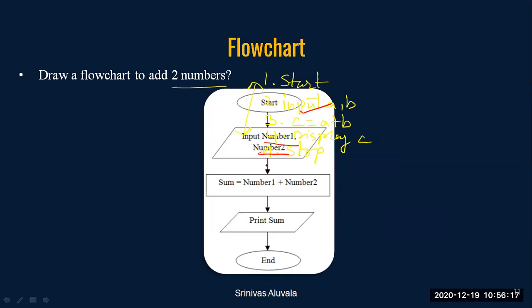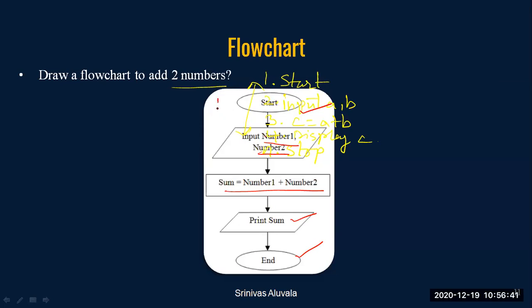Number one and number two, two numbers are given to the flowchart, and then we have the computational part, that is sum equal to number 1 plus number 2, or C equal to A plus B, and then I need to print the result to the user, that is print sum, and then my flowchart comes to an end with the end symbol. You can look at start.